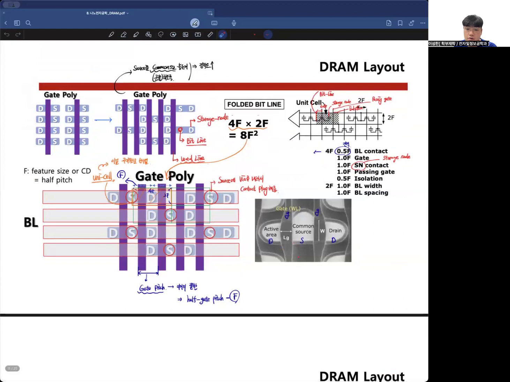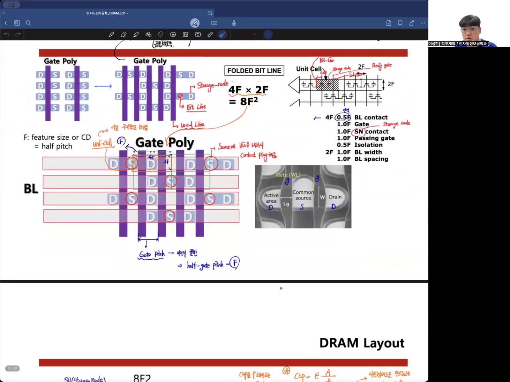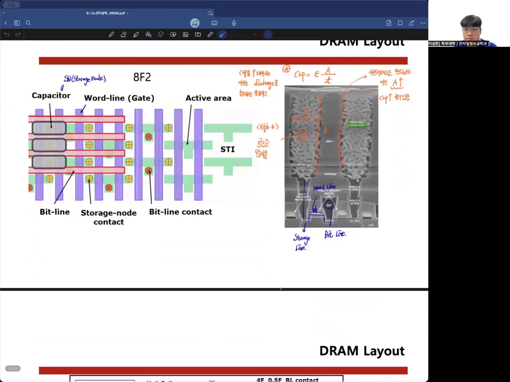Why do we have to do that? Because we have to improve the integration of the DRAM, and improving the integration means much more capacitance for the data.